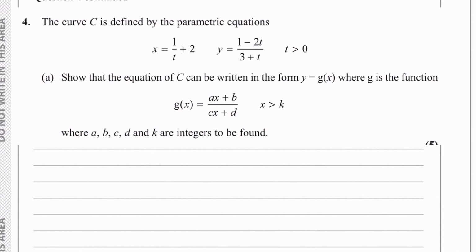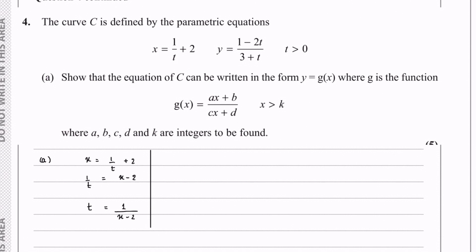First of all, we have to write t in terms of x, because between this one and this one, t in terms of x would be easier. From x equals 1 over t plus 2, 1 over t will be x minus 2. So t will be 1 over x minus 2.